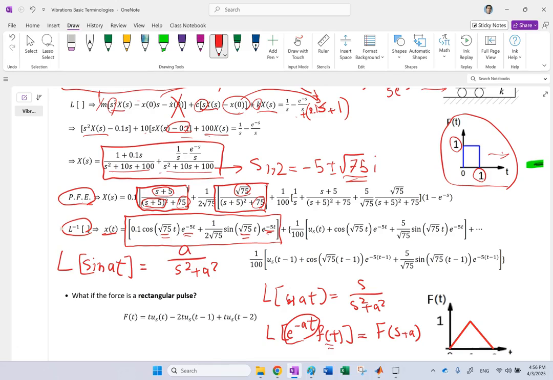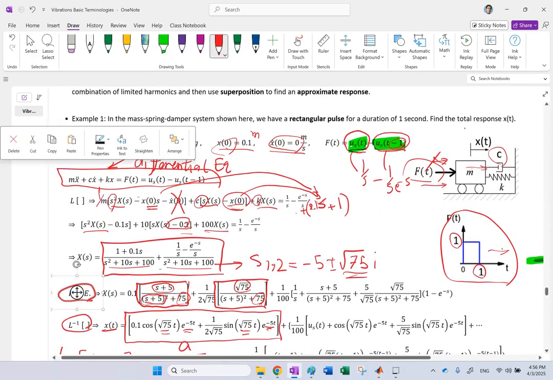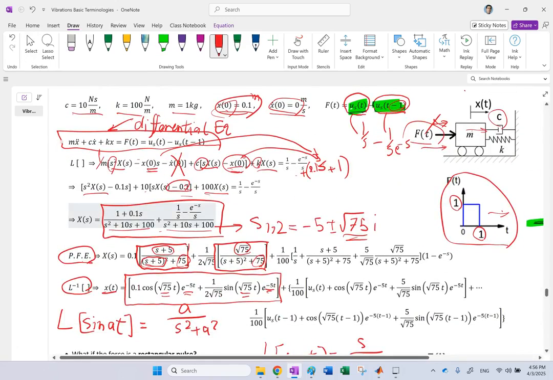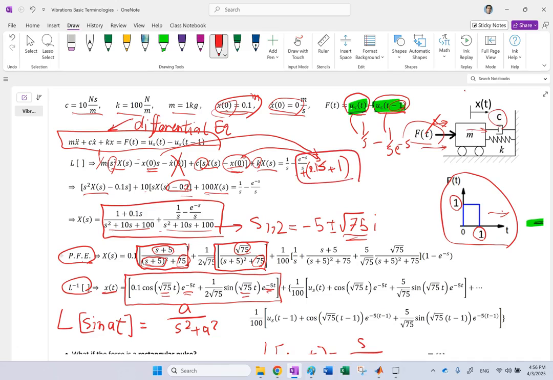What is this part coming from? If you look at this part, it is coming from your x of 0. It's this x of 0 that was 0.1. This one is the reason for this part of the solution, because remember, when you plugged in 0.1, that x dot was 0, you took them to the right-hand side, you get this. And when you broke that part into two components of it, look.